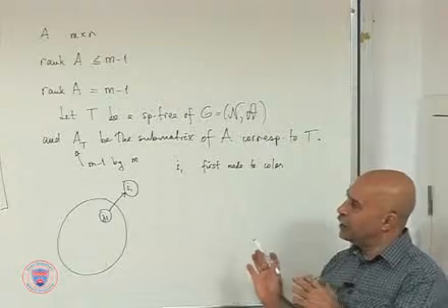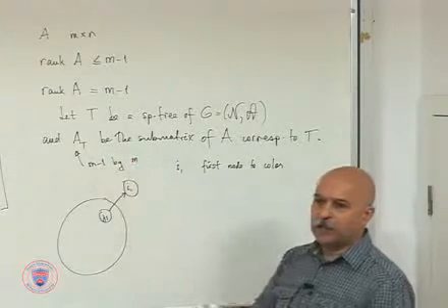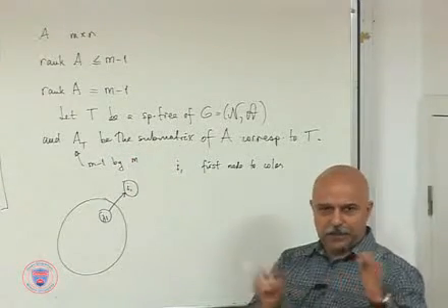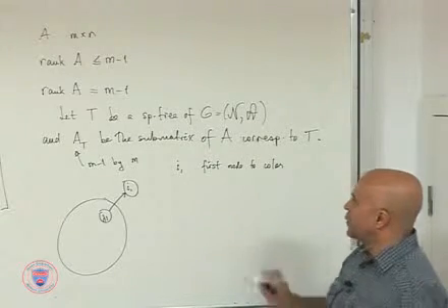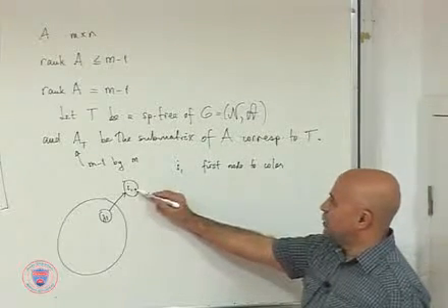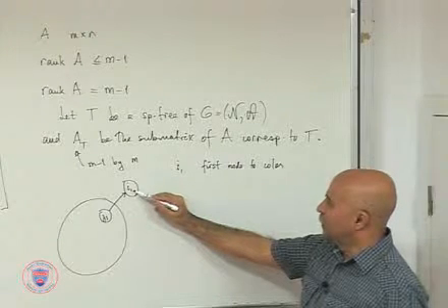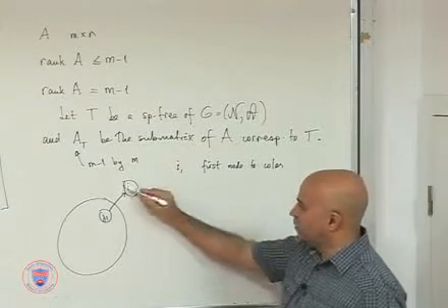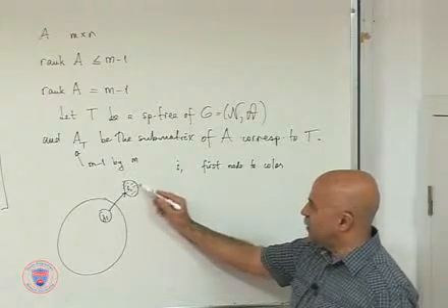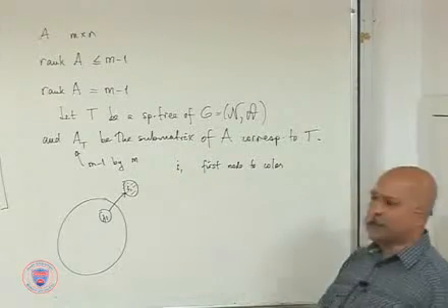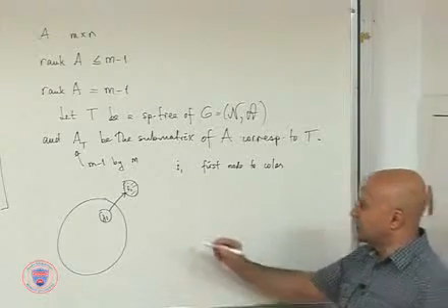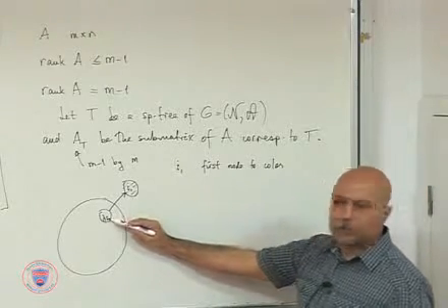And that will tell me how to arrange the columns and rows in A sub T. Okay, it's important. So I'm going to pick some node of degree 1 in the initial tree and color it. This becomes colored now, and I call it I sub 1, whatever the node number is. And there's an adjacent unique node here.